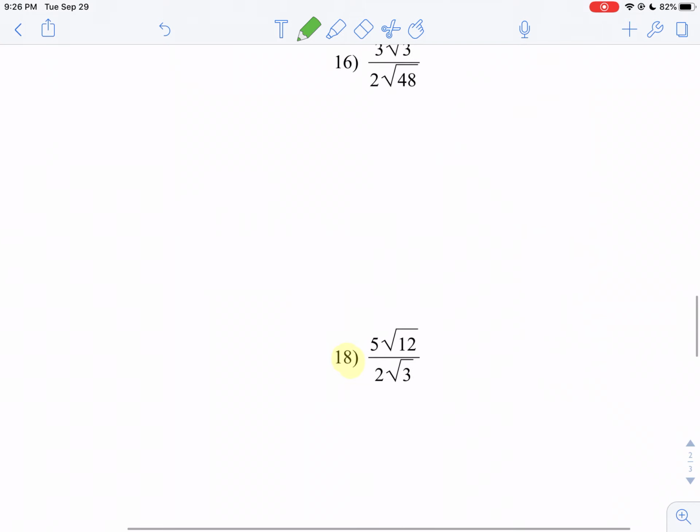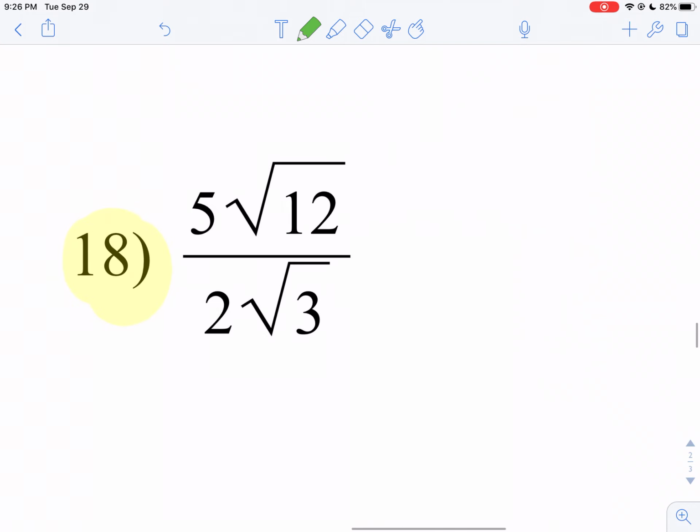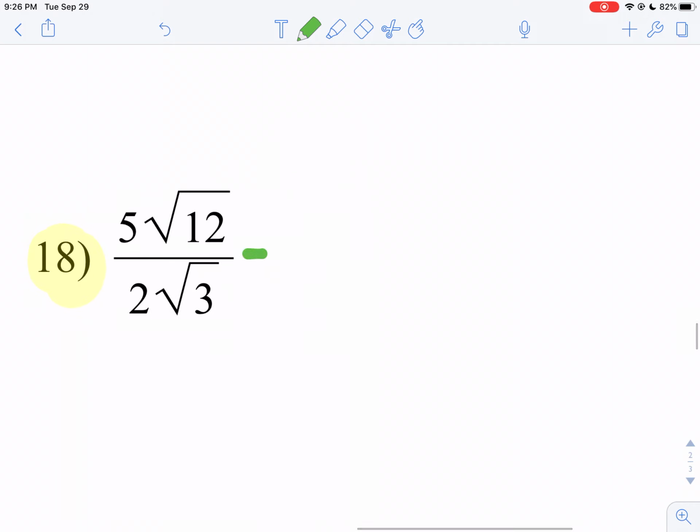Number 18. This one has coefficients, but it doesn't change anything. You do the problem the same way. Here's a 5. Because this is a radical 3 here, the strategy would be to rewrite radical 12 using a radical 3.